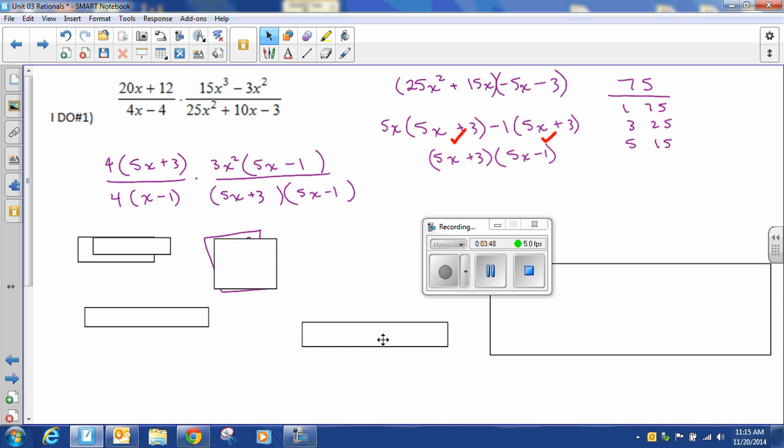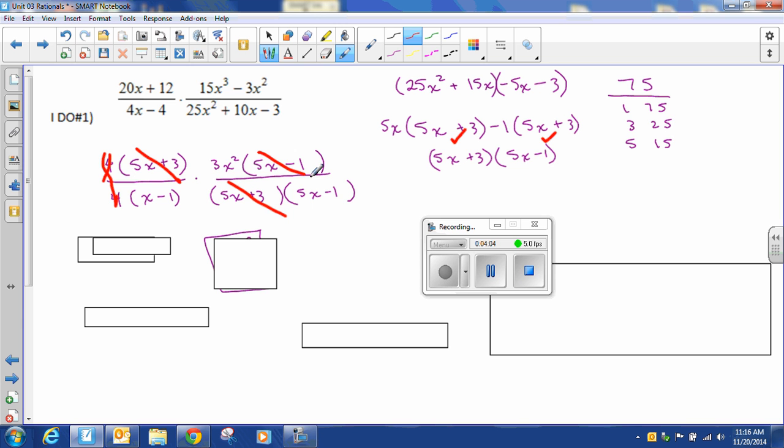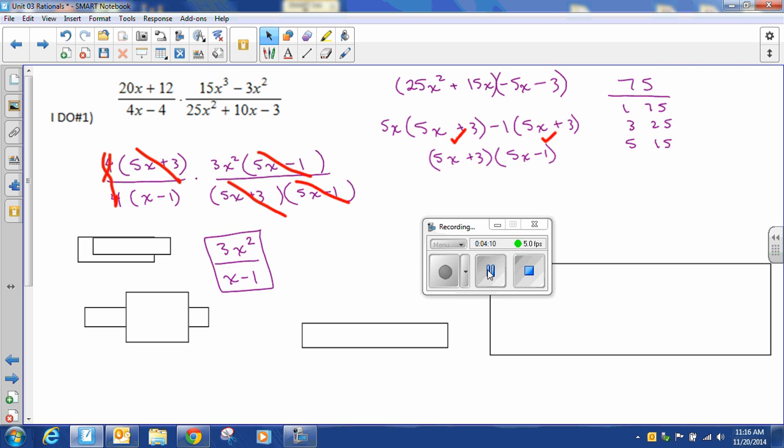So we'll put that down here in place of this, so it's factored out now. And now we are ready to cancel any common factor. So the 4 and the 4 cancel out. The 5x plus 3 cancels the 5x plus 3. The 5x minus 1 cancels out with the 5x minus 1. And we are left with 3x squared over x minus 1.